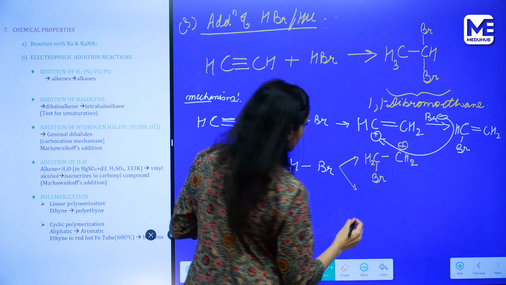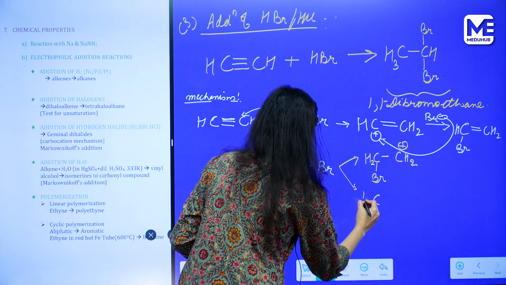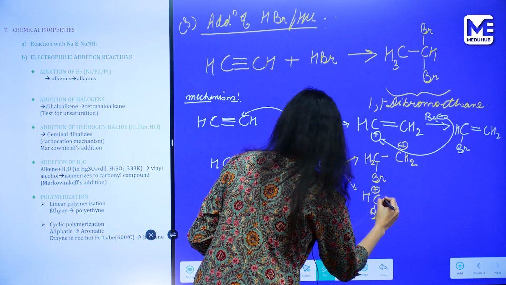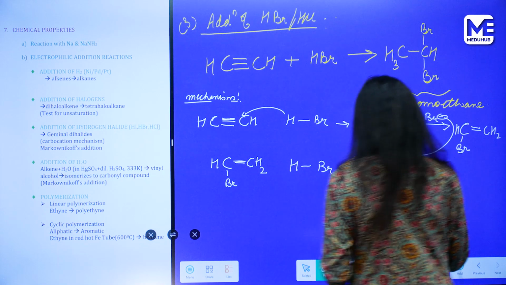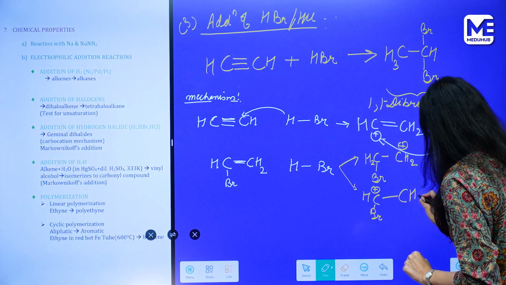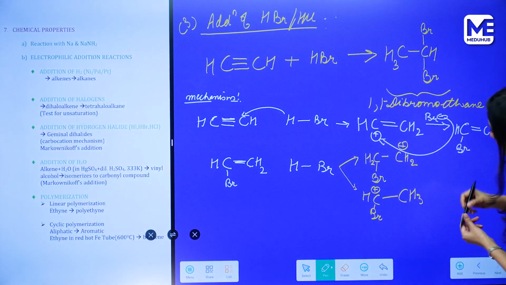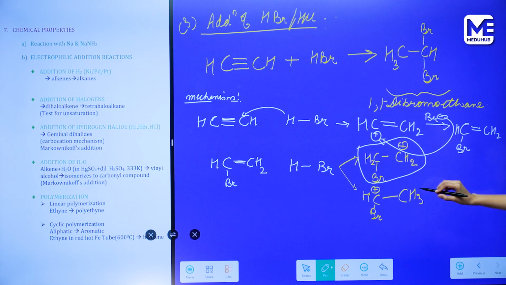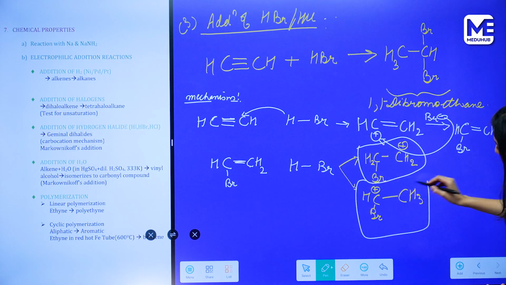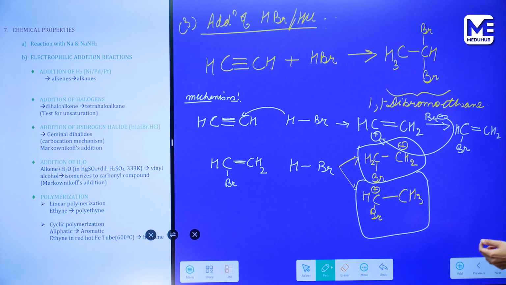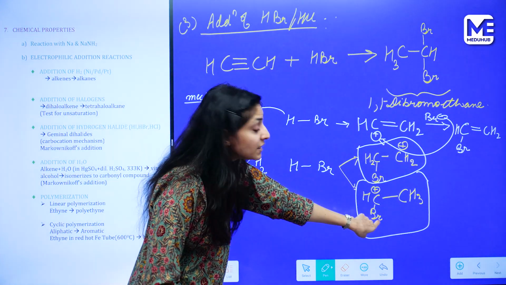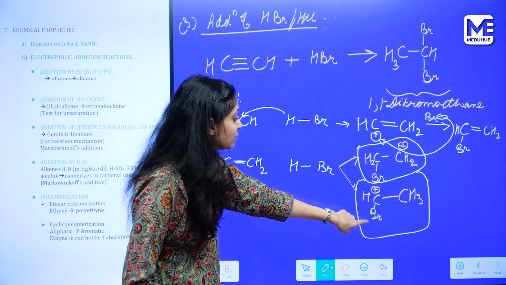Or if it attacks the other carbon, we will have this. This is the first one. This is the second one. Now this carbocation will be more stable. Why?